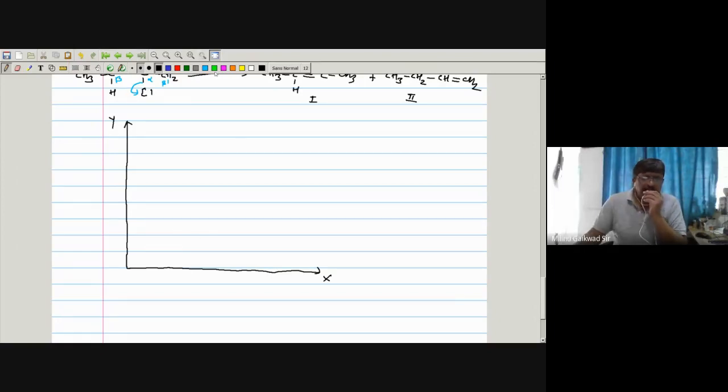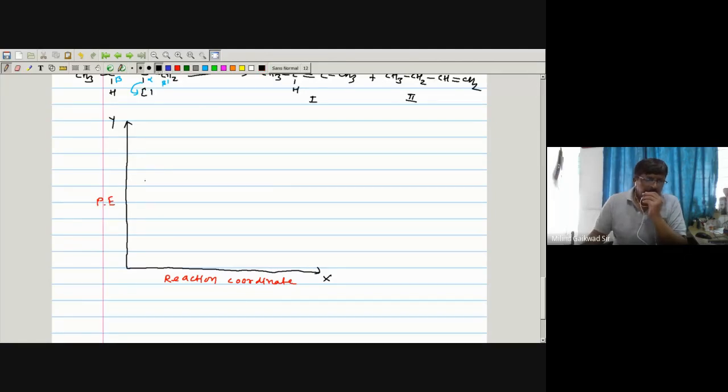This is the reaction coordinate, and this is the potential energy, right?